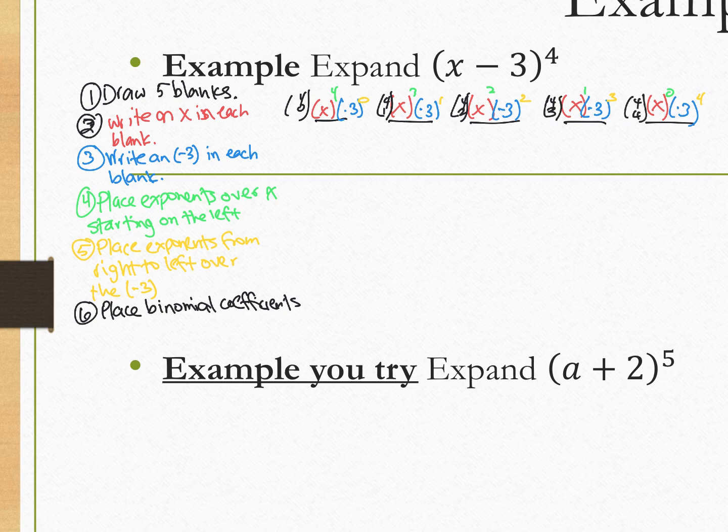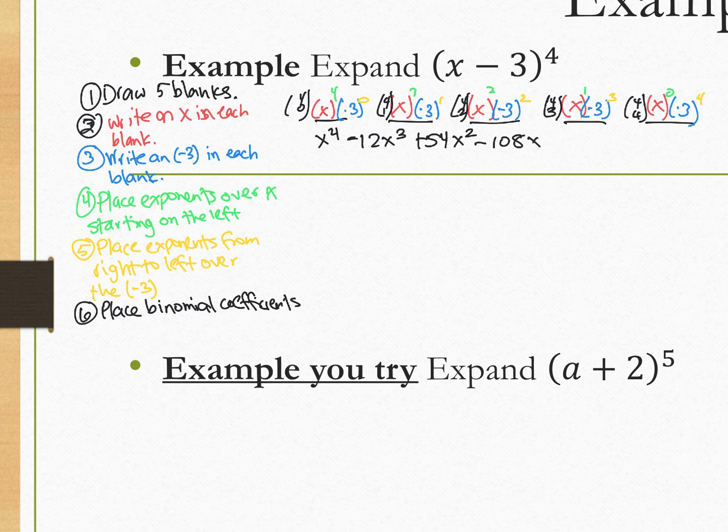If it were me, to simplify this, I would do 4 choose 4, which we know is 1, times x to the 4th times -3 to the 0, which is just going to give us x to the 4th. 4 choose 1 is 4 times -3 to the 1st is -12x cubed. 4 choose 2 is 6 times -3 squared would be 54x squared. 4 choose 3 would be 4 times -3 cubed, which is -27, so -108x to the 1st power.